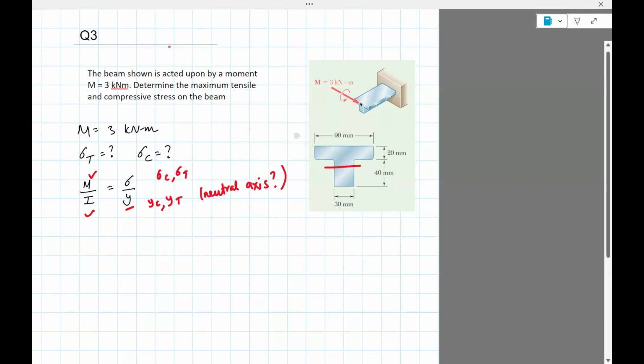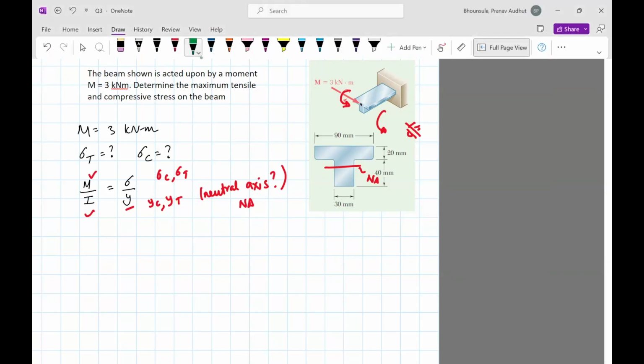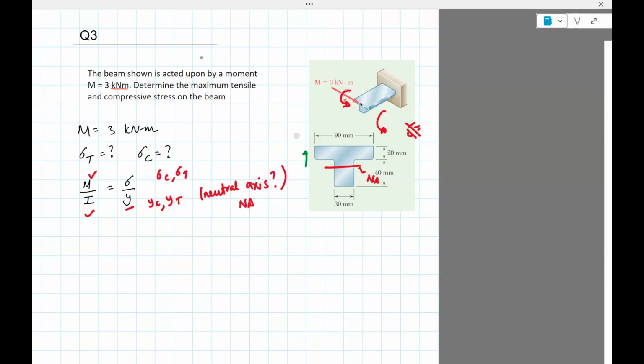For example, if the neutral axis is here, let me call that NA, then you can see how the moment is applied. It's this way, counterclockwise. If it's counterclockwise, then anything above would be what?